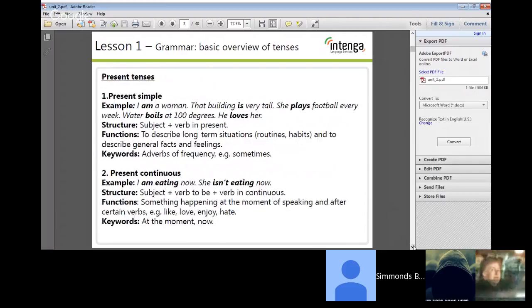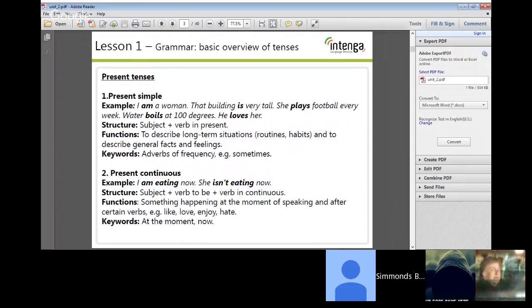Let's go to this one. Ken, can I have you read number 1 and 2, please? Maybe just the tense and then an example, okay? Present simple example. I am a woman. That building is very tall. She plays football every week.